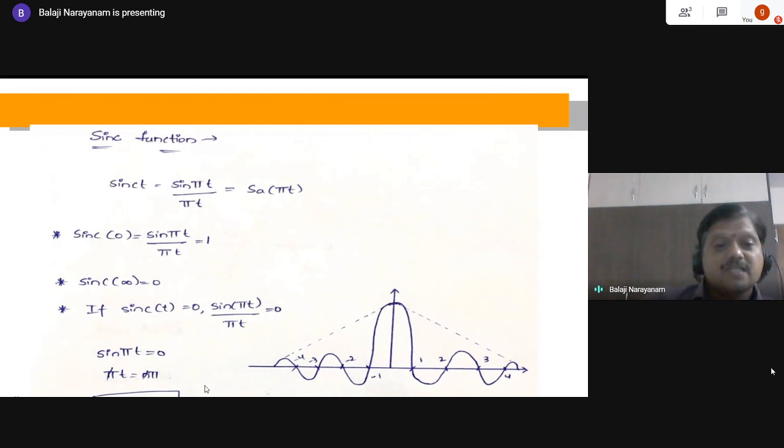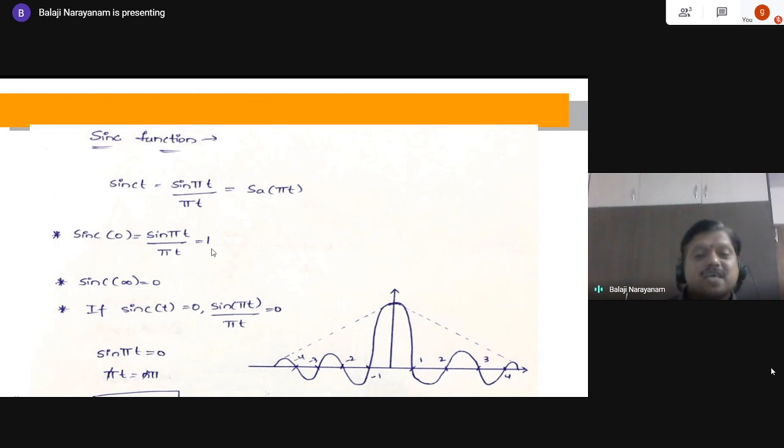Now, the sinc function may be related to another function called the sampling function that we will discuss right now. Sinc t is given by sine pi t by pi t, and that is SA of pi t. And sinc of 0 is given by sine pi t by pi t, which is equal to 1.